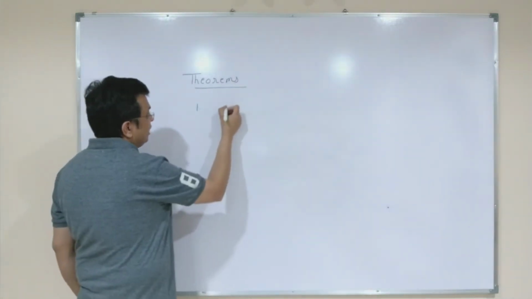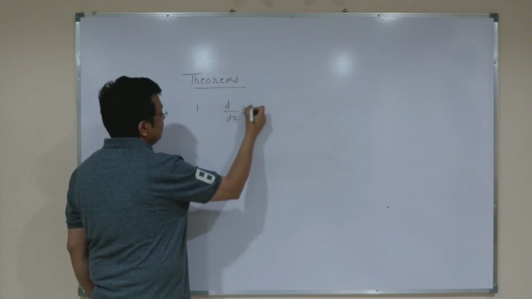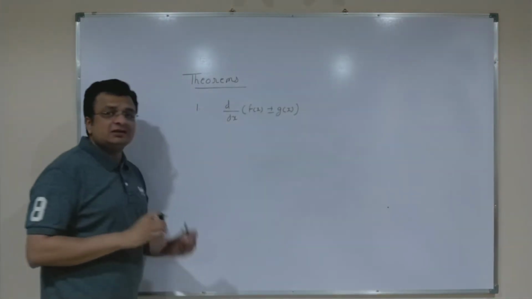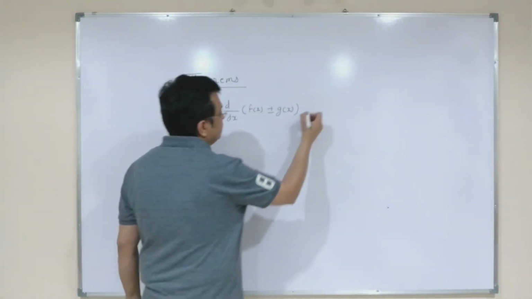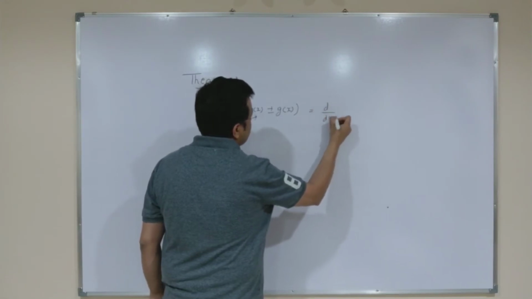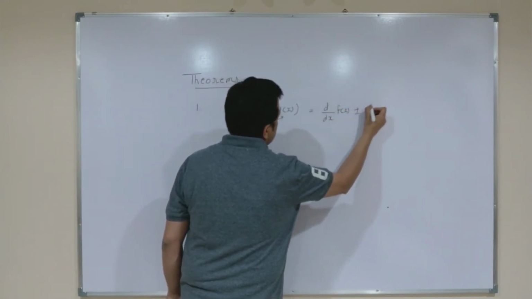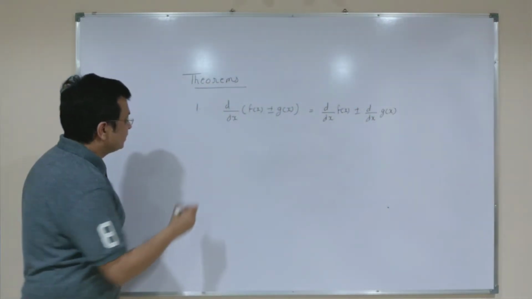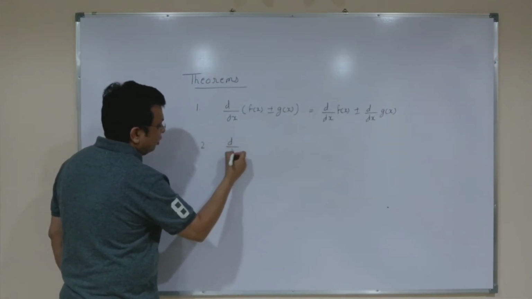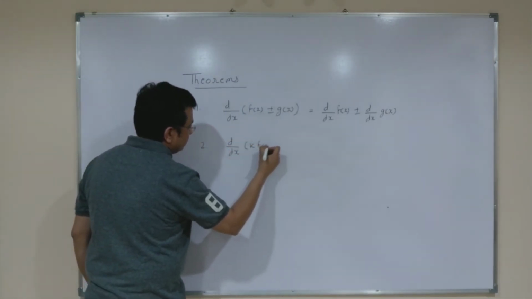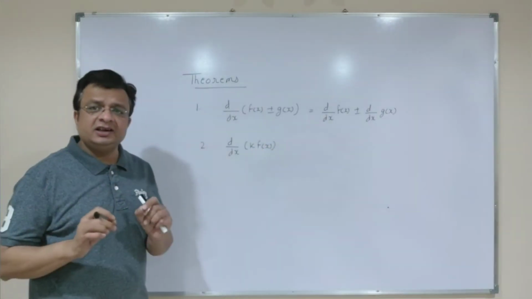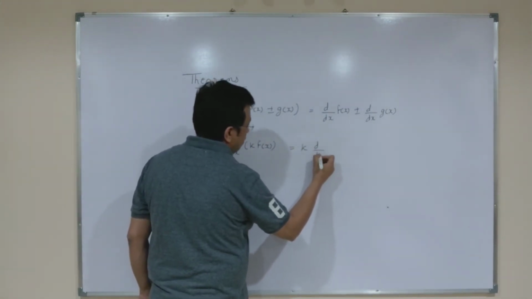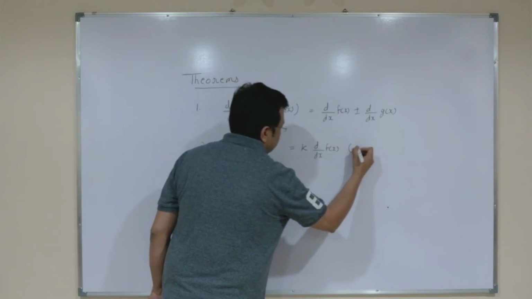Like, if we have two functions in addition or subtraction, then d by dx of f x plus minus g x will be d by dx of f x plus minus d by dx of g x. Second one, d by dx of k f x, where k is any constant, any scalar quantity, is equal to k d by dx of f x.